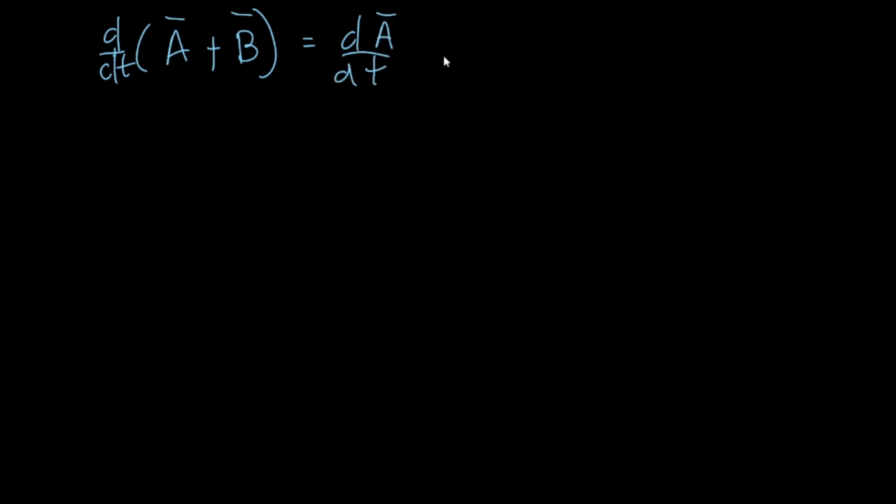So lastly, just a few things to note when it comes to finding the derivatives of vectors. If we want to find the derivative of the sum of 2 vectors, this is a fairly simple matter. It's just the derivative of the one vector, and we can simply add it to the derivative of the other vector.